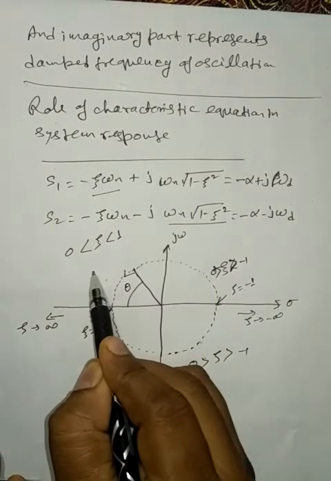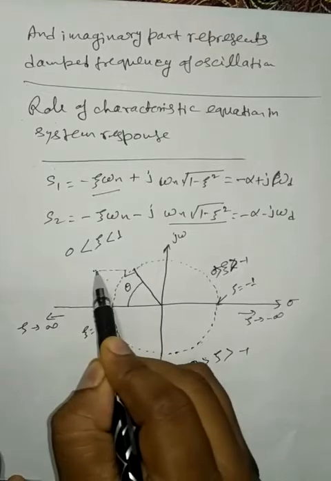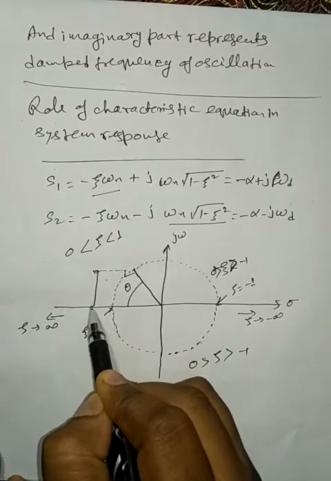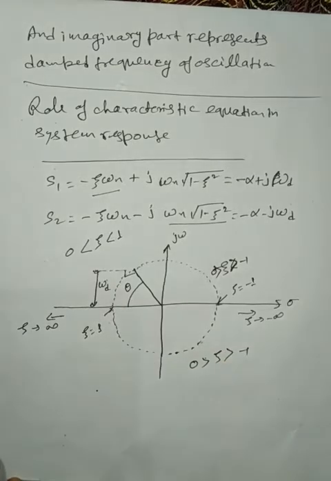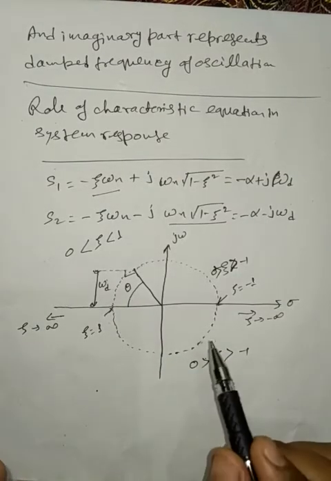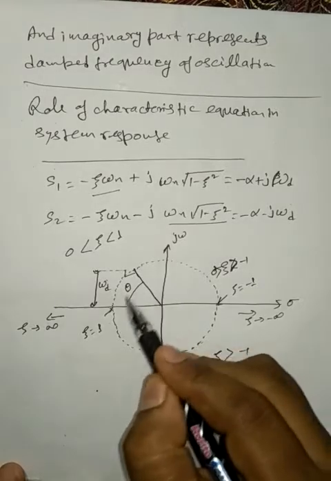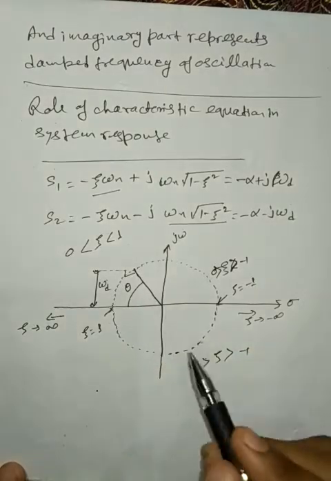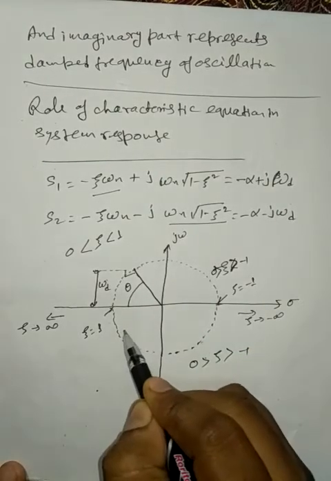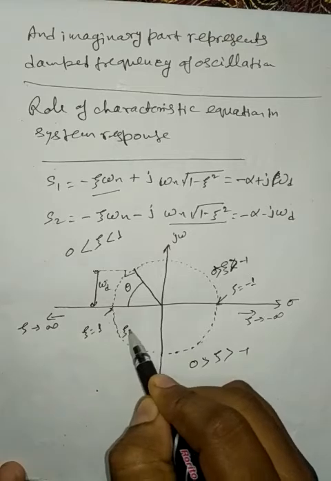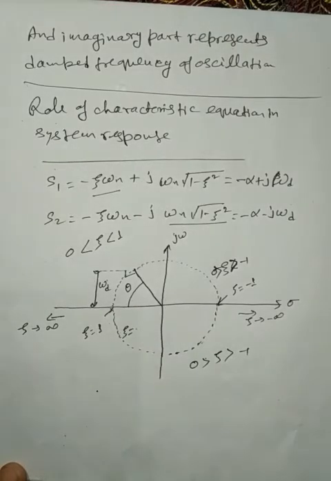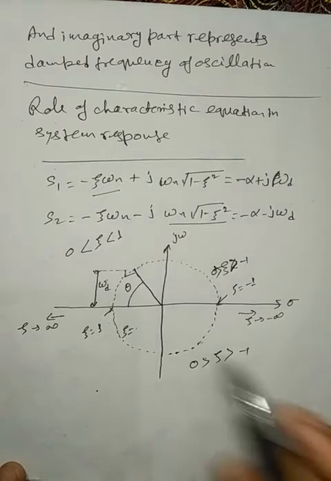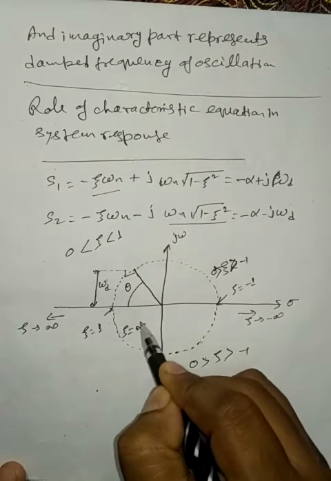and omega d, this is omega d, and inside this circle here zeta is equal to infinity at center.